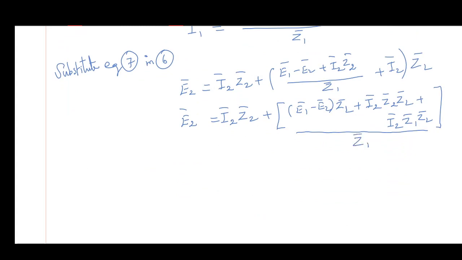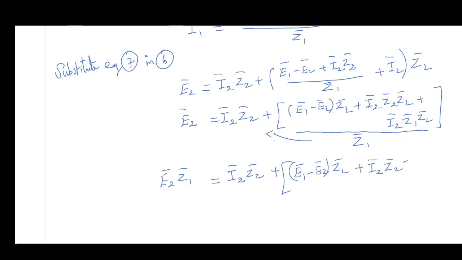Okay, now I am going to bring this Z1 vector to this, taking LCM and then bring to the opposite place also. So the equation can be written as E2 vector Z1 vector is equal to I2 vector Z2 vector plus E1 vector minus E2 vector into ZL vector plus I2 vector Z2 vector ZL vector plus I2 vector Z1 vector ZL vector.